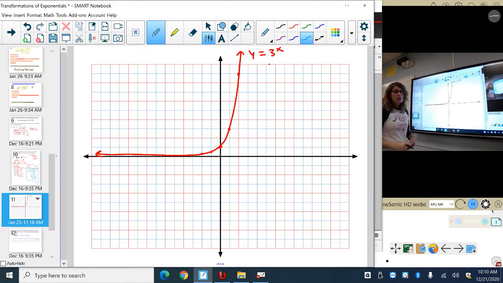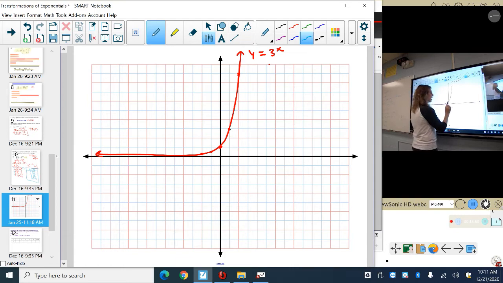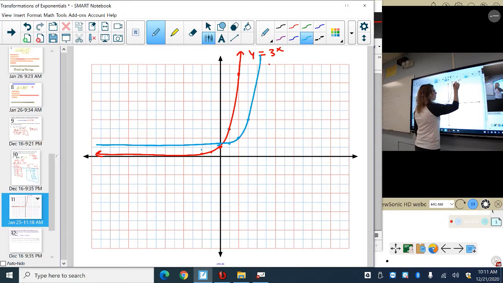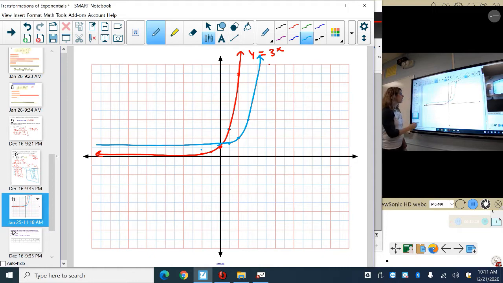So that means I'm going to take each of these points and I'm going to move it up 1 unit and to the right 2. Up 1 unit and to the right 2. And there's your graph.